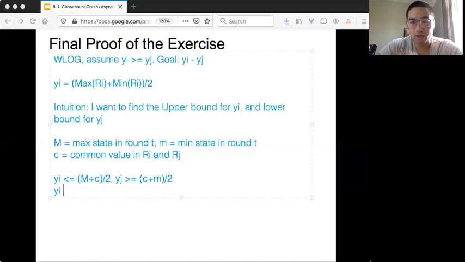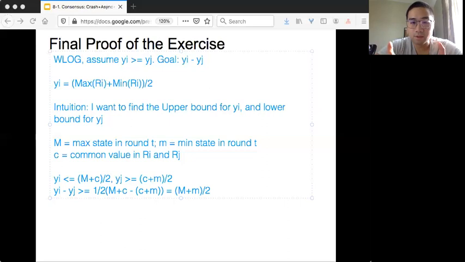Now you just combine these two inequalities together. Yi minus yj is greater than or equal to the difference of those two things. So now I just take a 1/2 out, and then I have M plus c minus c plus m. So what's this? The common value is canceled out, and that's all we need. So what we get is M minus m over 2.